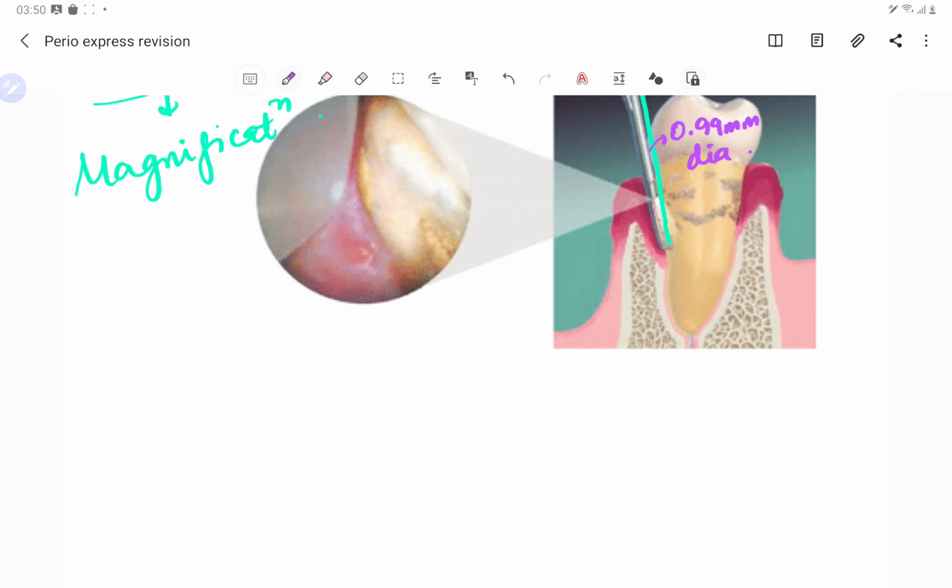We will cover the incisional, excisional instruments, then the scissors, the blades, so the Kirkland knife, the Orban's knife, and all the types of surgical blades, and also the electrosurgery part. All the surgical instruments used in periodontal surgery will be covered in the next part of the video.